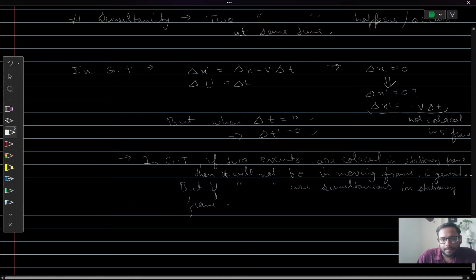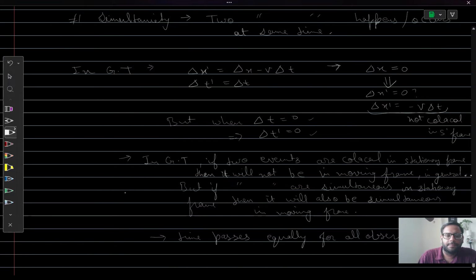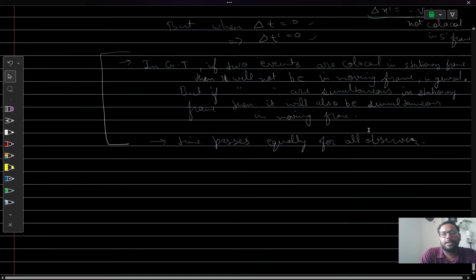Okay, then it will also be simultaneous in the moving frame. They should be simultaneous in the moving frame. Okay, this implies time passes equally for all observers. This is about Galilean relativity, which we actually observe in our daily life.